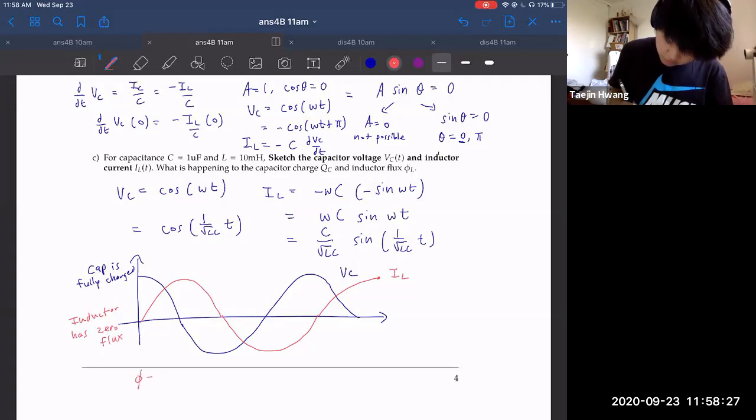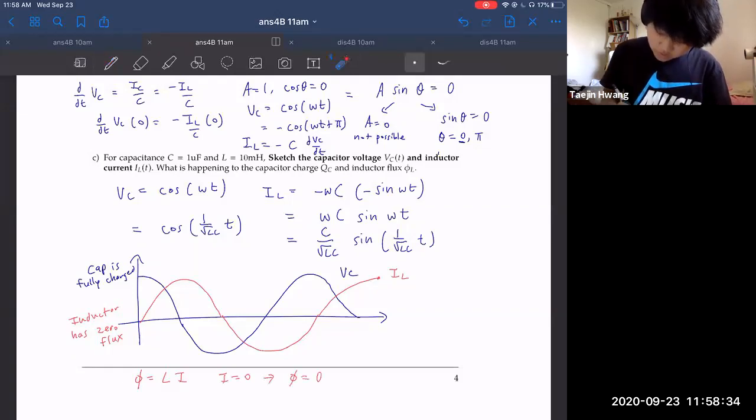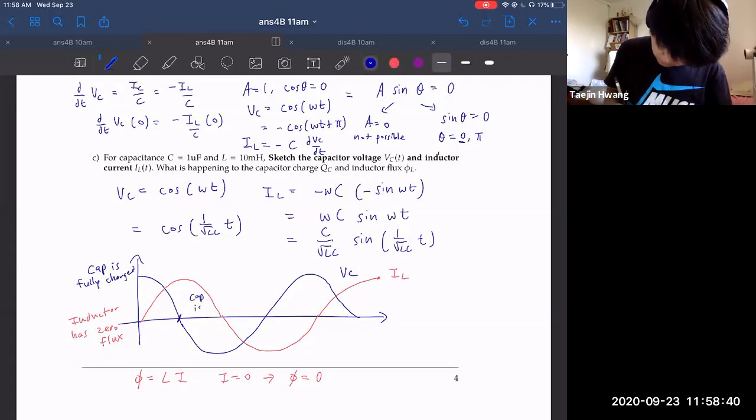Remember that flux is equal to Li. So if I is equal to 0, then flux is equal to 0. And when the capacitor is uncharged, in other words, the voltage across the capacitor is 0, the inductor has maximum flux.